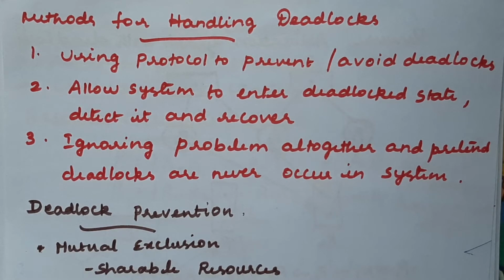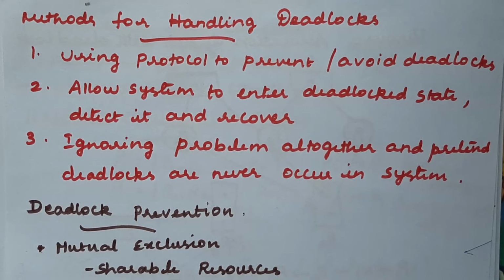How to prevent the deadlock? We already discussed there are some conditions, and if those conditions are satisfied in the system, then we can ensure that the deadlock will occur. There are actually four necessary conditions for getting a deadlock. First one is mutual exclusion, second is hold and wait, third is no preemption, and fourth is circular wait.